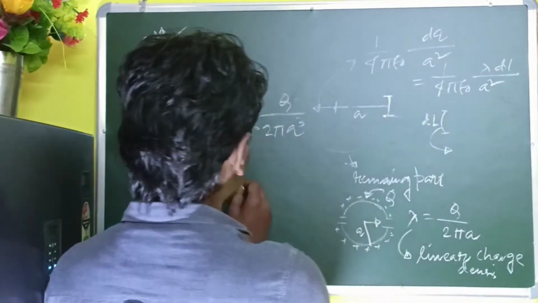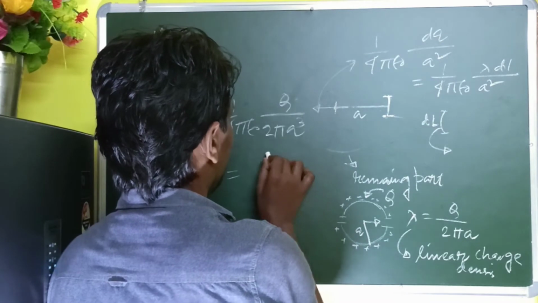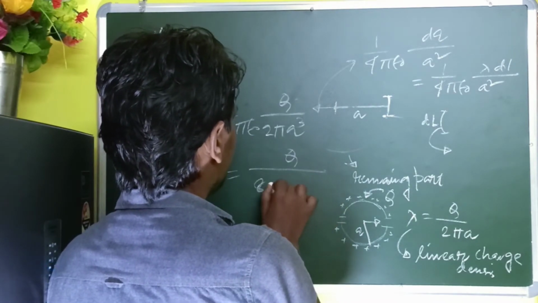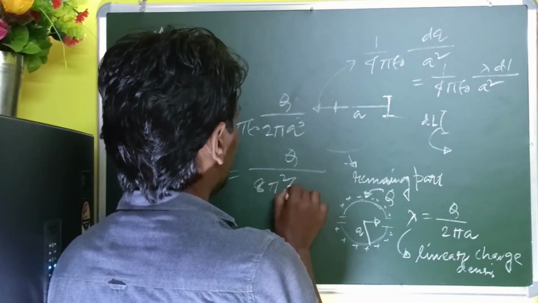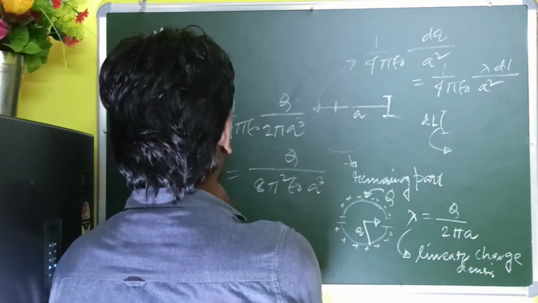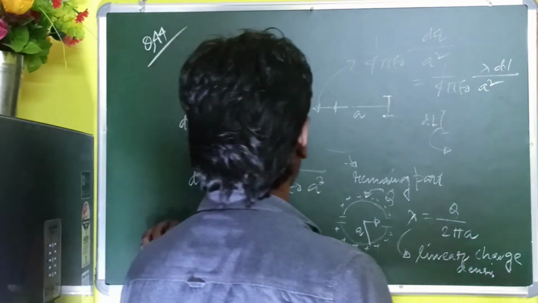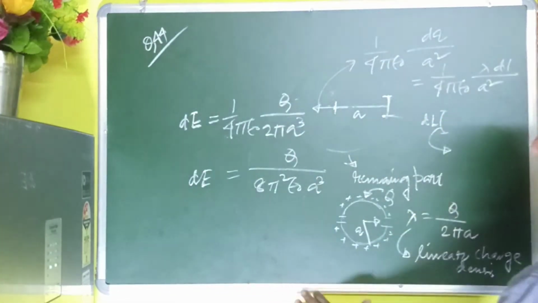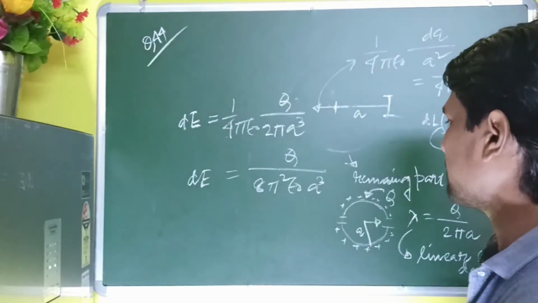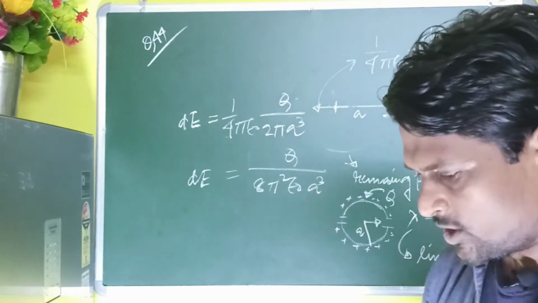You can simplify this: capital Q by 8 pi squared epsilon naught a cube. So dE is the electric field intensity due to the elementary part, and it is away from the element, that is Q by 8 pi squared epsilon naught a cube.